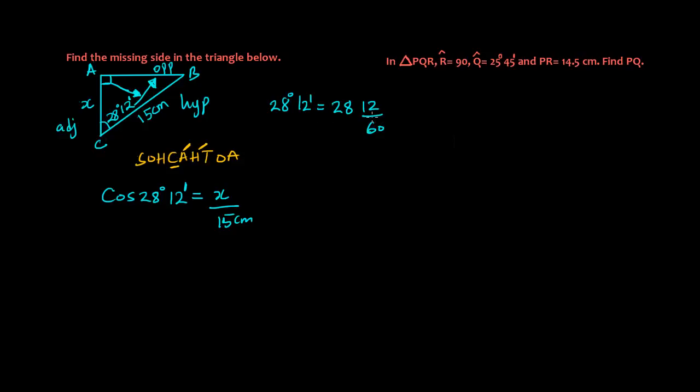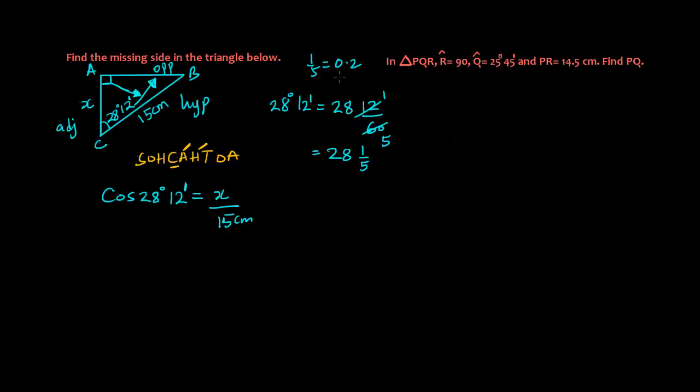12 goes in 60 5 times. So this will now be 28, then 1 all over 5. 1 all over 5 is the same thing as 0.2.